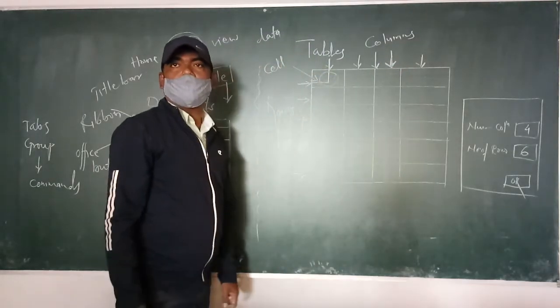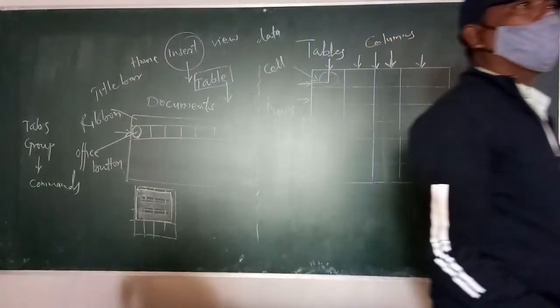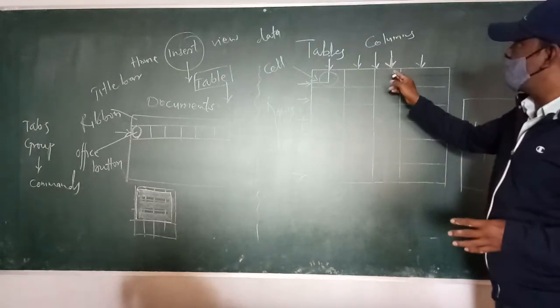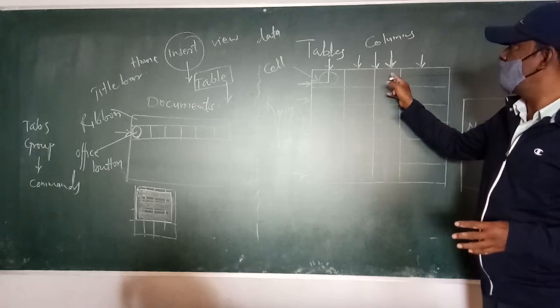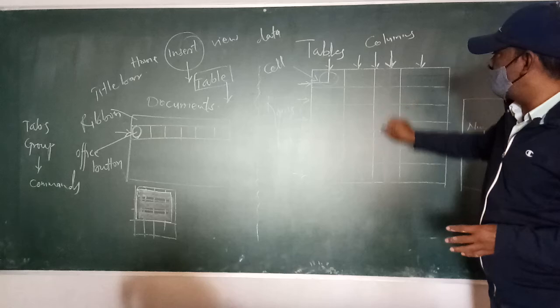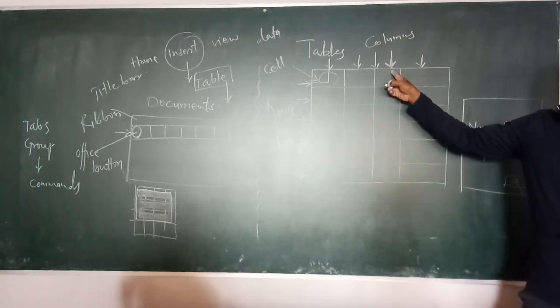Then right click and click on Insert Column. It will ask whether you want to insert on the left side or right side. You want to insert between these two. We have selected this column, so insert on the left side or right side of this column?